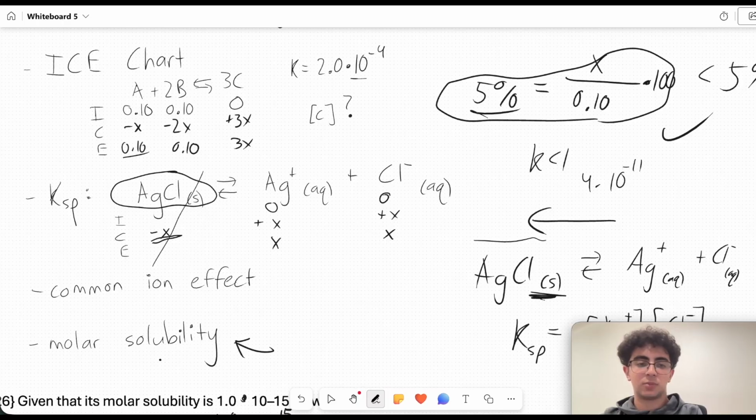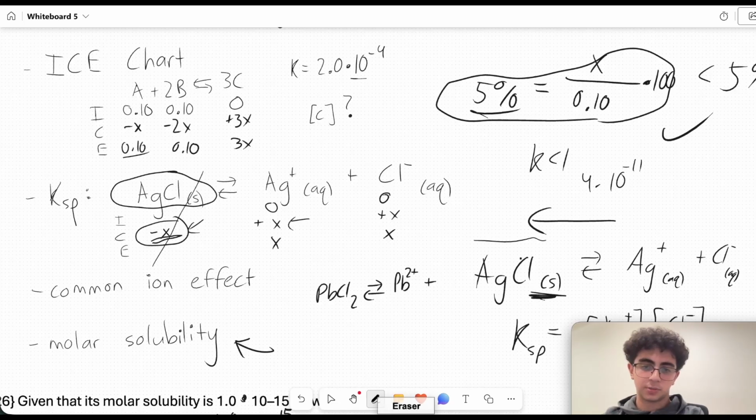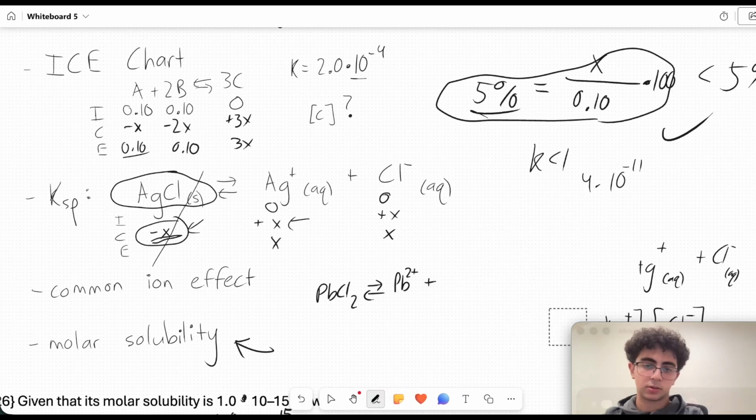So if you want to solve for the molar solubility, it's just going to be your minus x right here. Now, this minus x, it has to be this specific one. It can't just be from here. And that's because, for example, if you had PbCl2 and you did the equilibrium, it's going to form Pb2 plus, plus 2Cl minus.